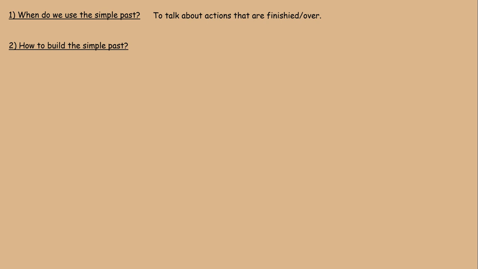So let me summarize the video again. Today you learned about the simple past. When to use the simple past. Use the simple past to talk about actions that are finished or over. How to build the simple past?